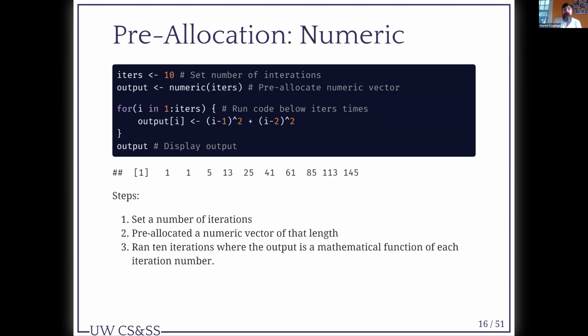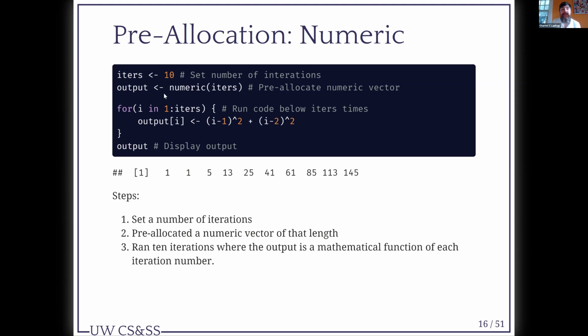Here's an example. I'm going to run a loop for 10 iterations. So I'm just going to say the number of iterations is 10. My output, that is what I'm going to save the result of my loop to, is going to be a numeric vector of length 10. Iterations is 10, and numeric(10) says create a length 10 numeric vector.